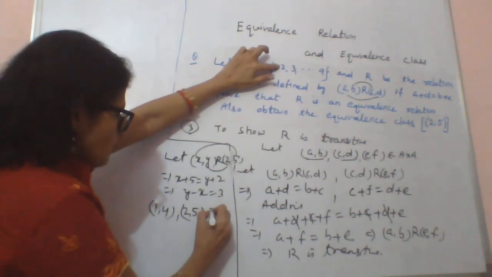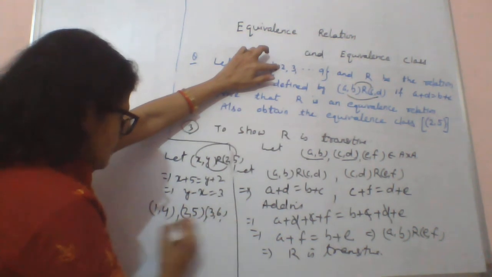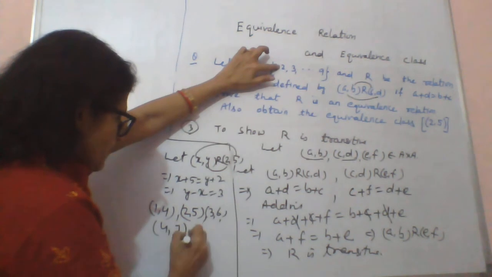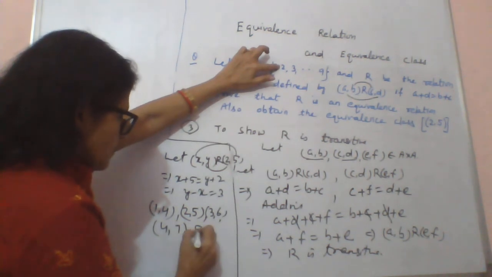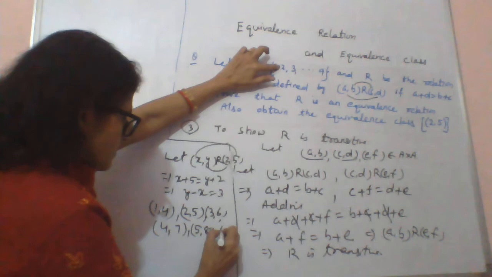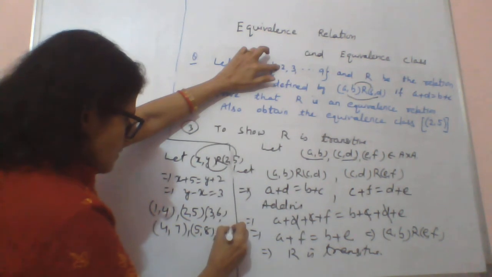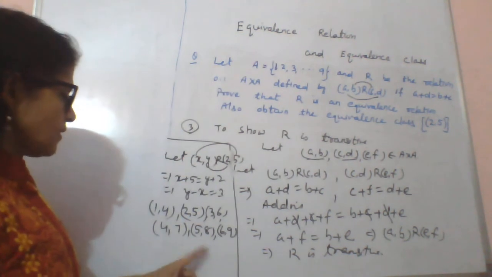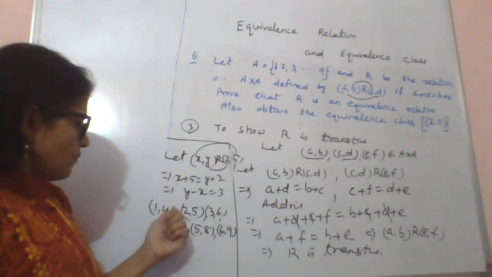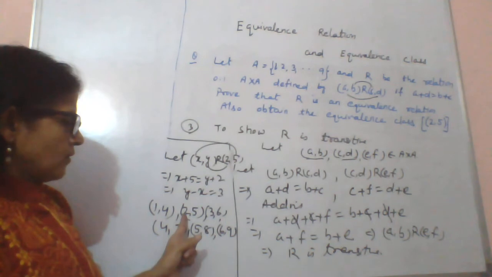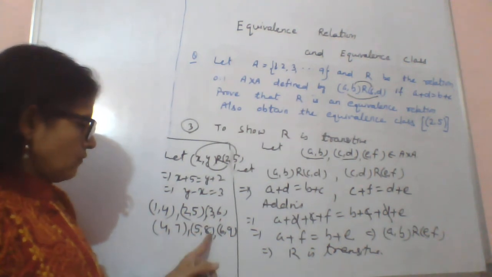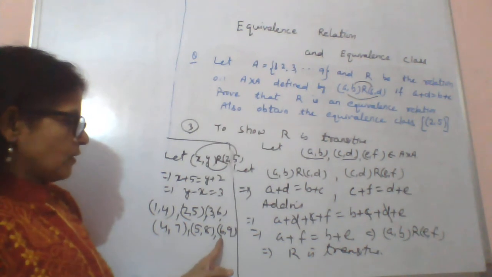Similarly, (3, 6), (4, 7), (5, 8), (6, 9). Okay, so you can go further. So 4 minus 1 is 3, 5 minus 2 is 3, 6 minus 3 is 3, 7 minus 4 is 3, 8 minus 5 is 3, 9 minus 6 is 3.